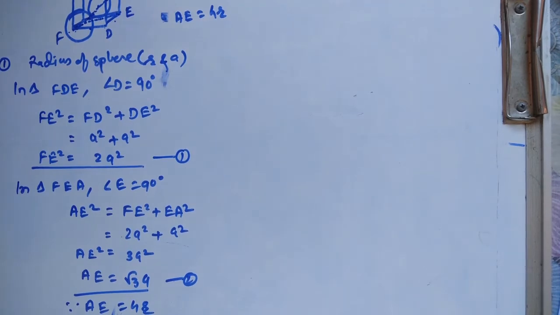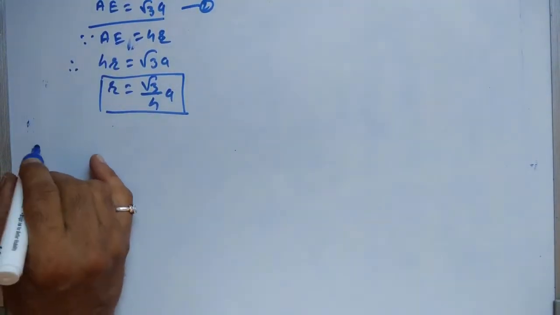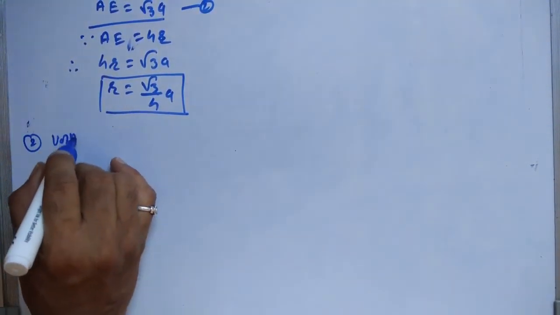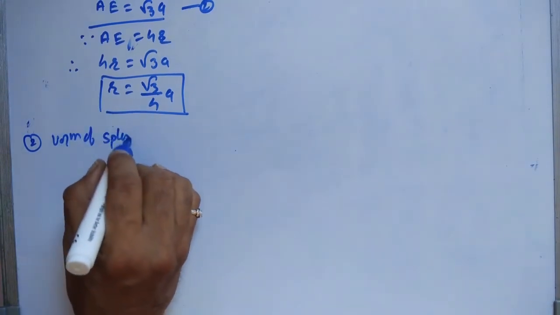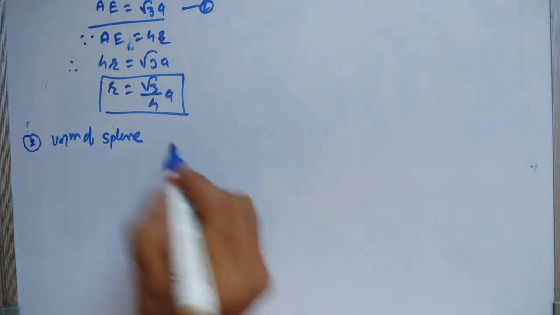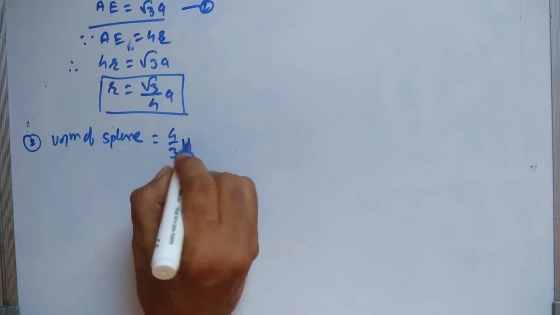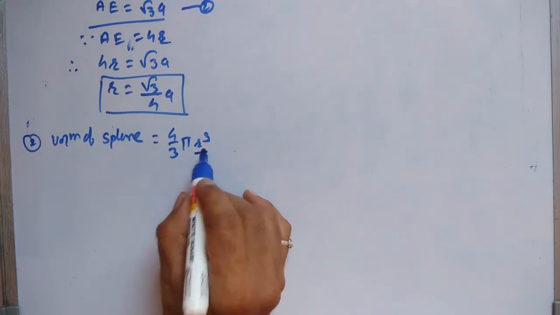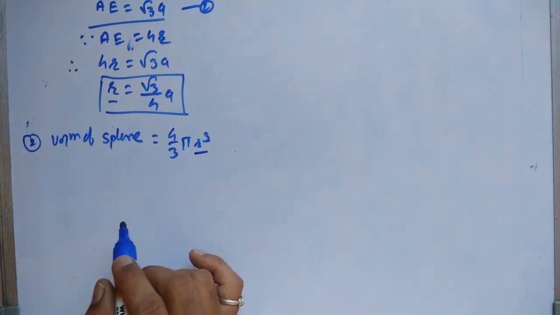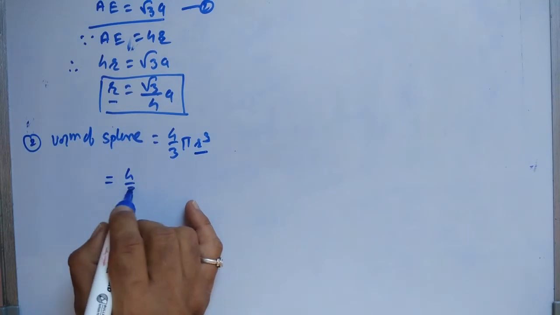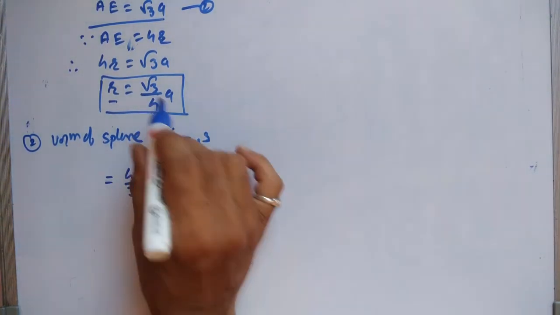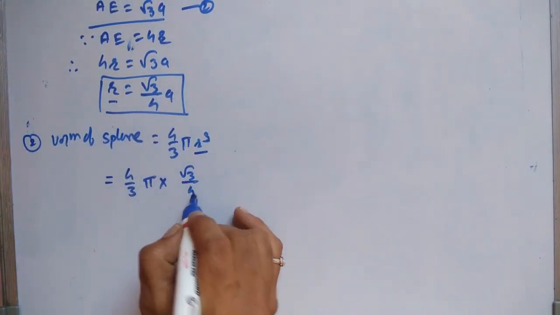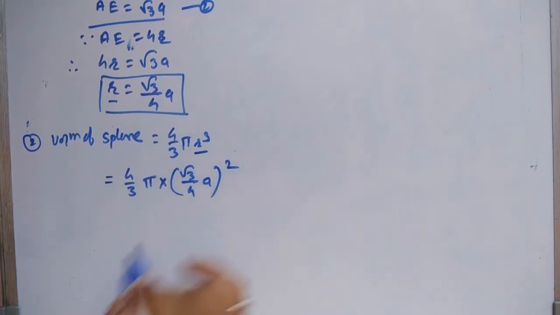Now after this, let us see the volume of sphere. Second point, volume of sphere. The volume of sphere formula is 4 by 3 pi r cube. The value of r is here, so we can substitute 4 by 3 into pi into r cube, which is root 3 upon 4 into A, the whole cube.